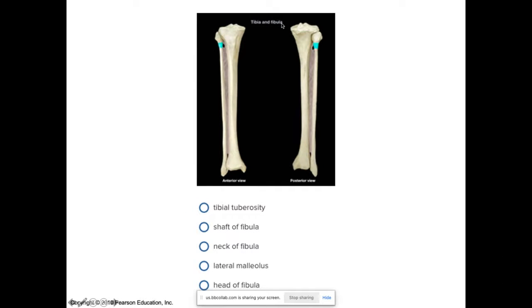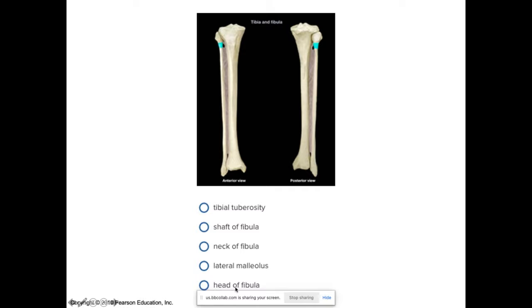Okay, we're still looking at the tibia and fibula. On the left-hand side, it's the anterior, and on this side, it's the posterior. So the tibial tuberosity is going to be up here in the front. The shaft of the fibula would be here. The lateral malleolus is the distal end of the fibula, which is here.